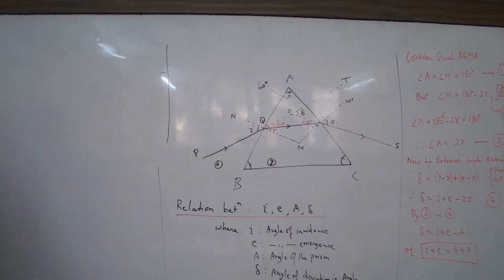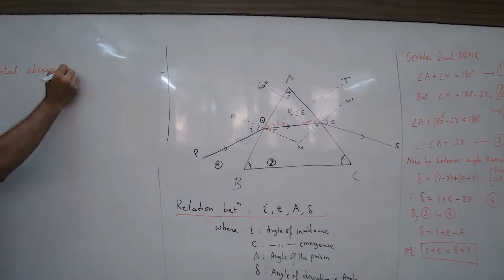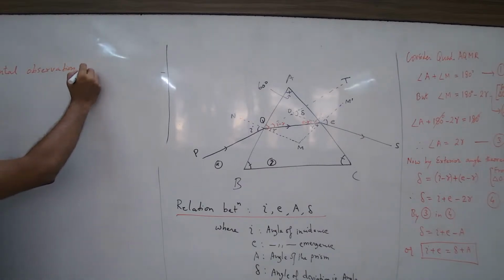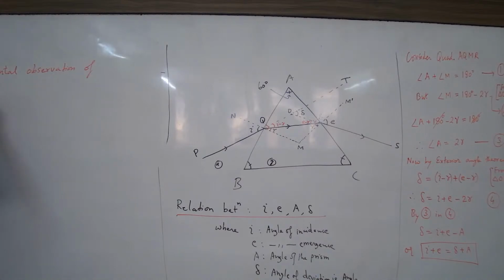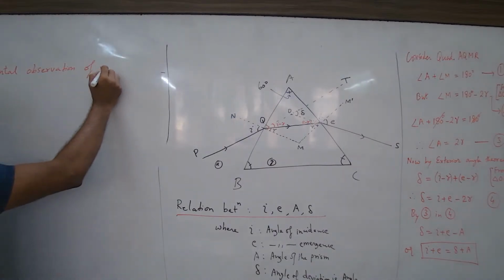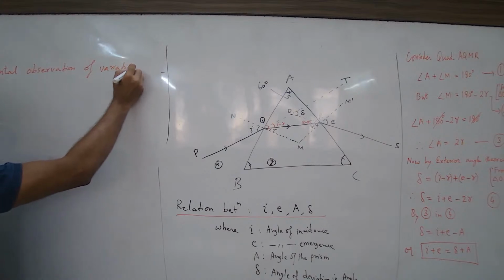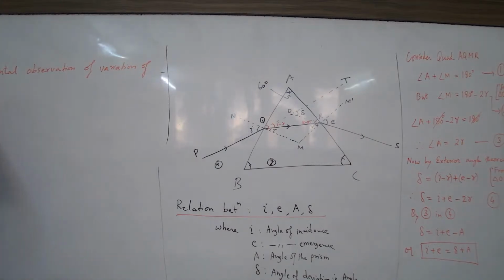Minimum deviation. Experimental observation of variation of angle of deviation with respect to angle of incidence.